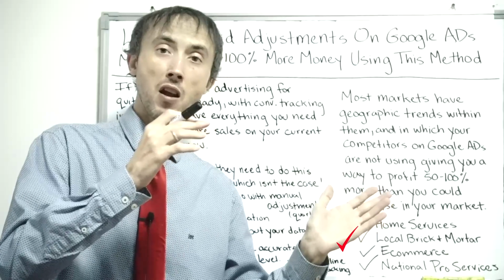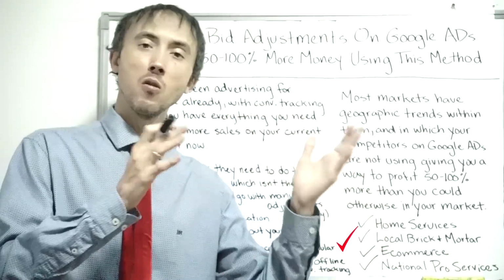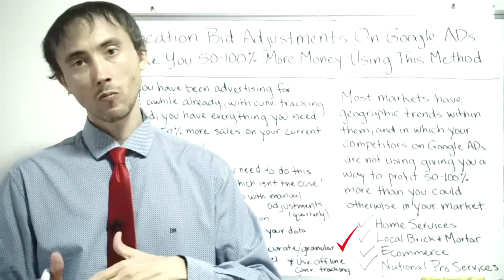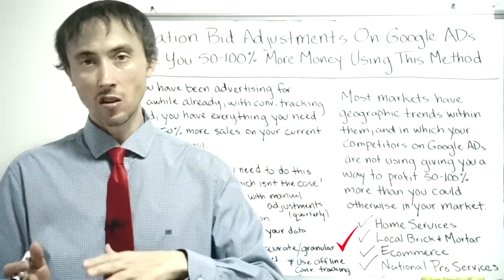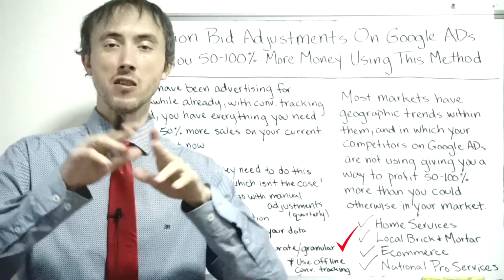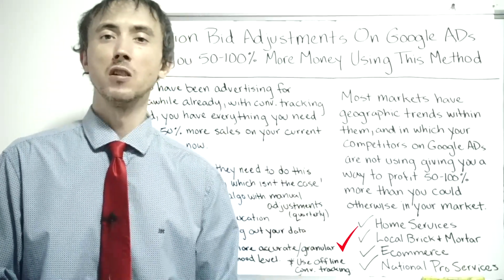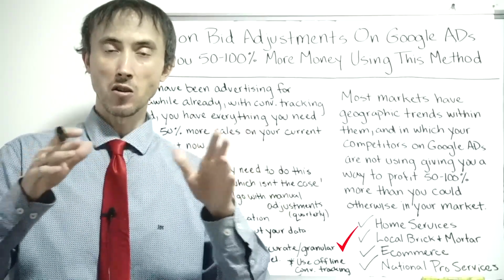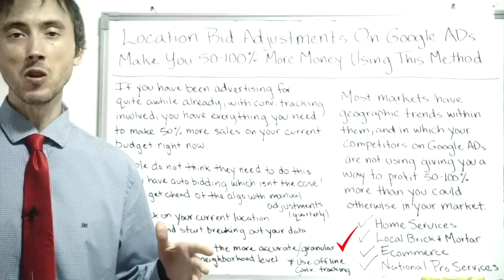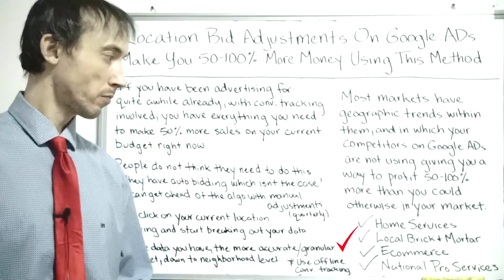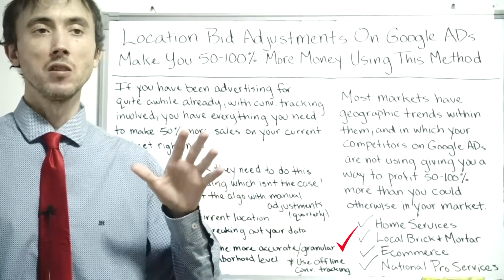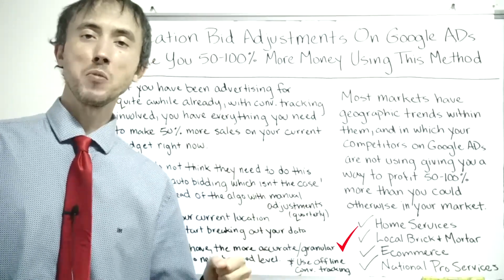Or if you're talking about a regional business, also state to state, or a local business, each city within the geographic territory that you're covering, or even at a neighborhood level in your local territory. So it doesn't seem sometimes believable that there's location-based trends within the customers that you have buying.